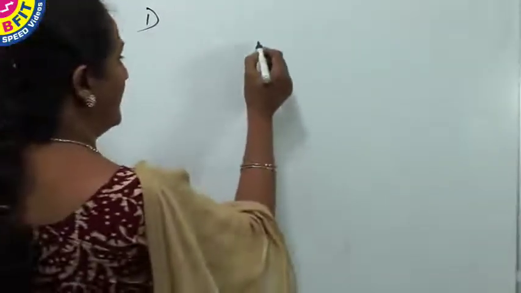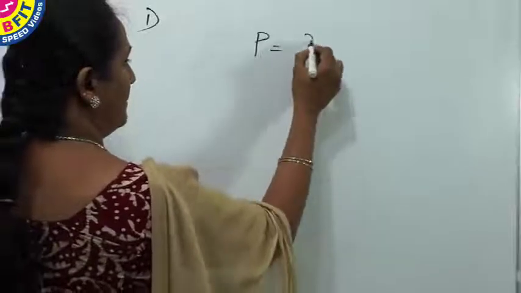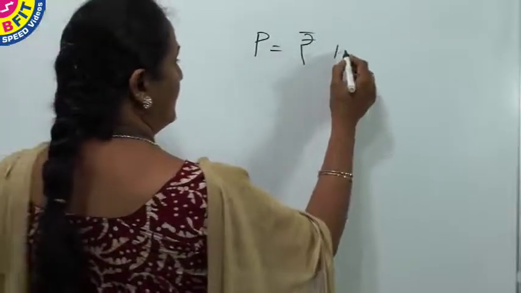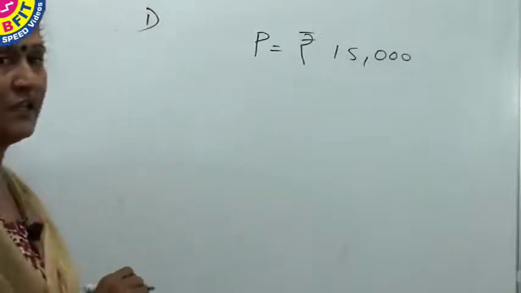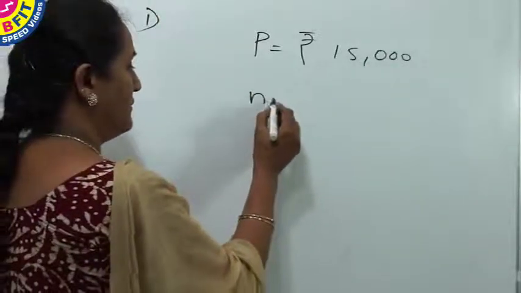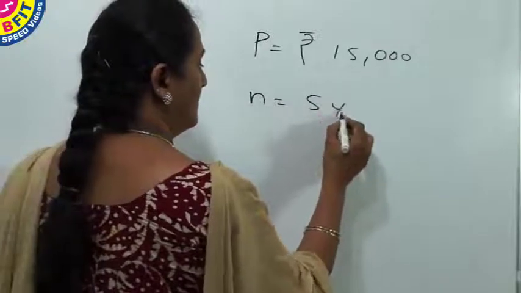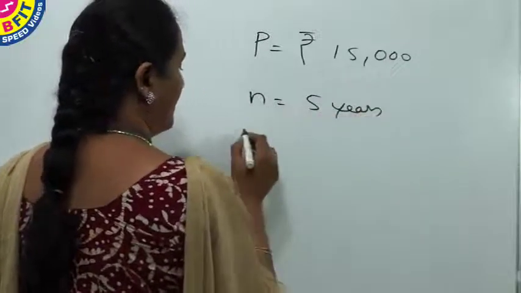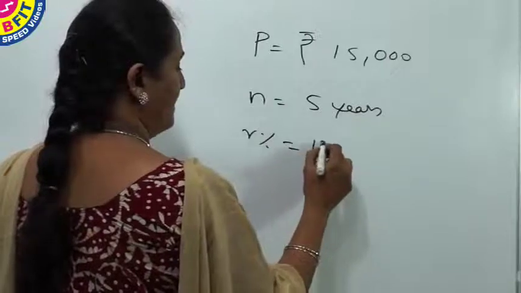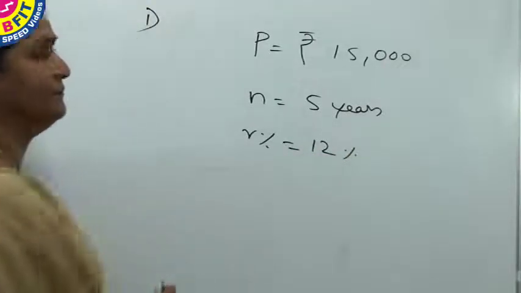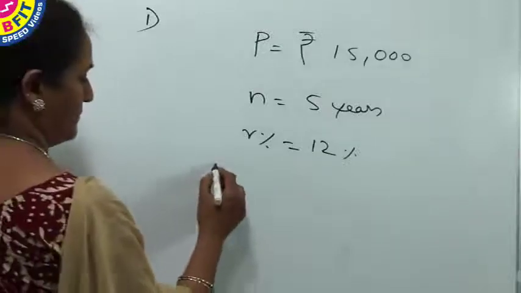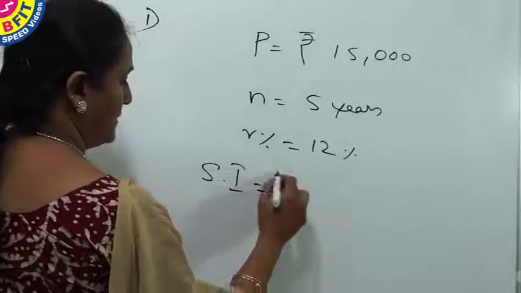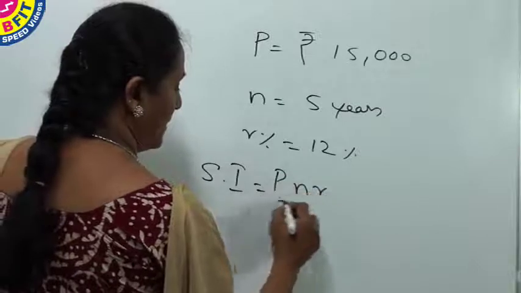So the sum given, that is the principal, is rupees 15,000, and the period is 5 years, and the rate percent is 12. So to calculate the interest, here it is simple interest, it is PNR by 100.